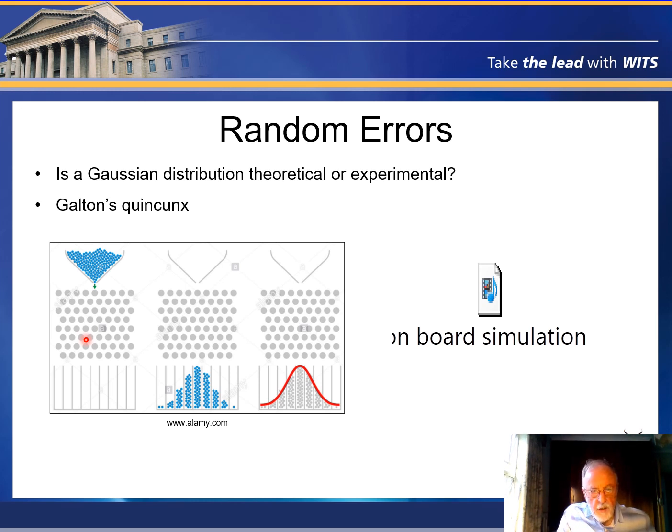And so we have a funnel here full of little balls, and we pour them through, and they start hitting the pins, and some of them go left and some of them go right. And when the whole thing's finished, we've got a pile here in vertical columns, in tubes, in the apparatus. And the shape is very much the same as the shape of a Gaussian function. So what is causing that?